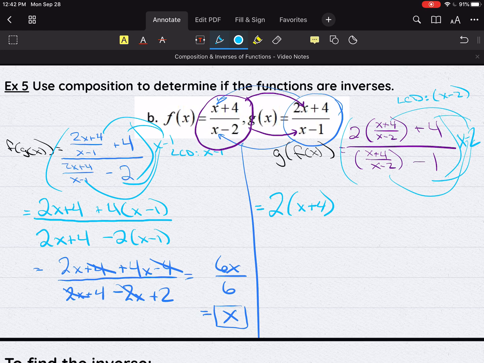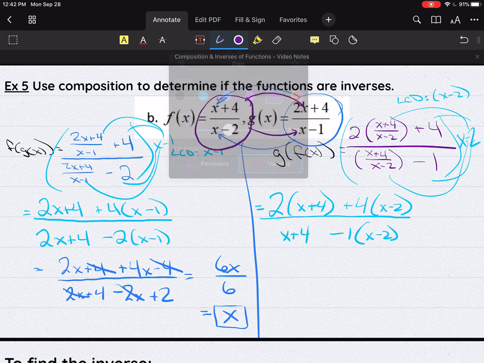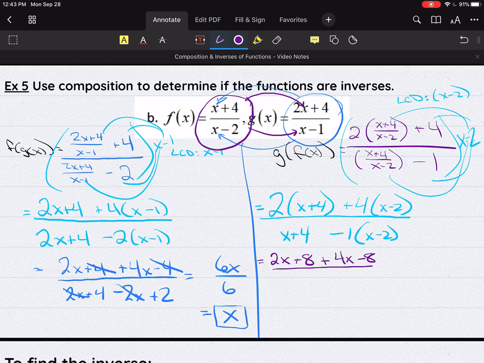4 times x minus 2 on bottom. The x minus 2's would cancel in that first part, and then negative 1 times x minus 2. Doing my distributing everywhere, I get 2x plus 8 plus 4x minus 8 on top, over x plus 4 minus x plus 2.